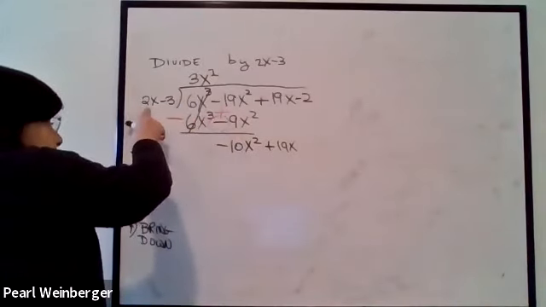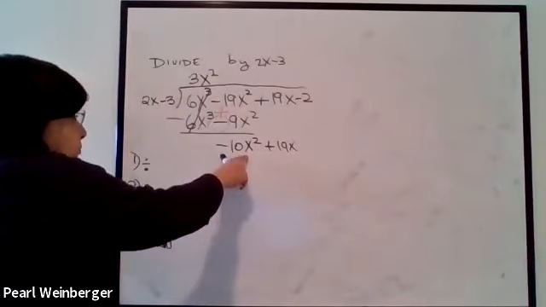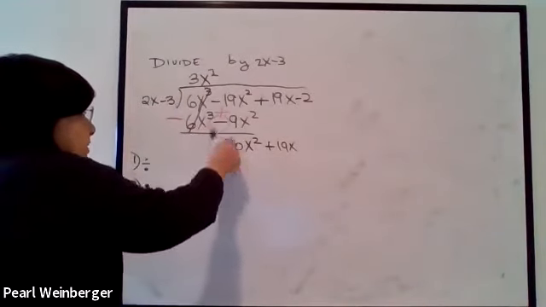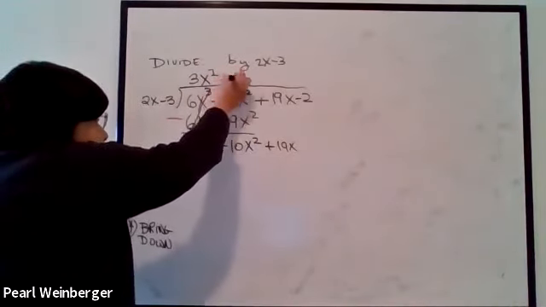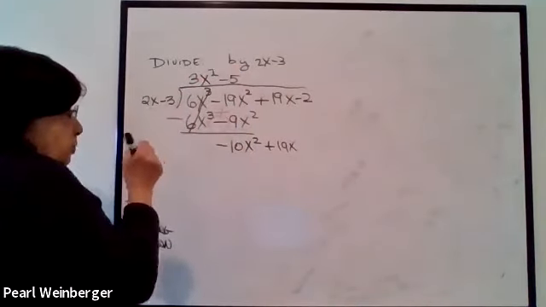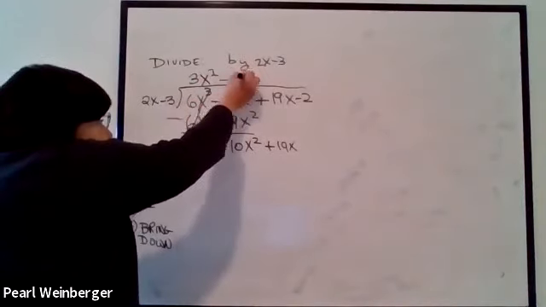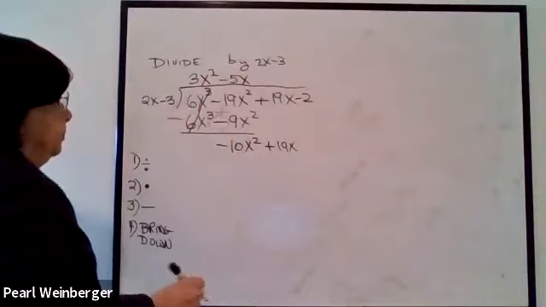So again, I take the first term, the 2x, and divide it into the negative 10x squared. So the 2 into the negative 10 gives me negative 5. And when I divide x into x squared, remember I'm subtracting the exponents. I'm getting an exponent of 1, which is just x to the 1 or plain x.